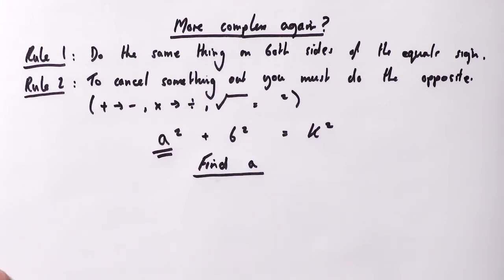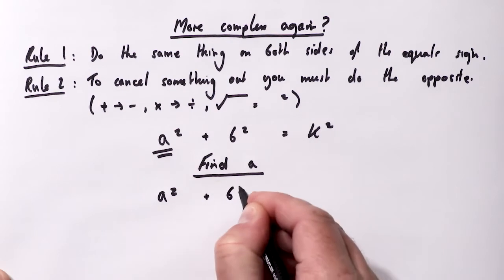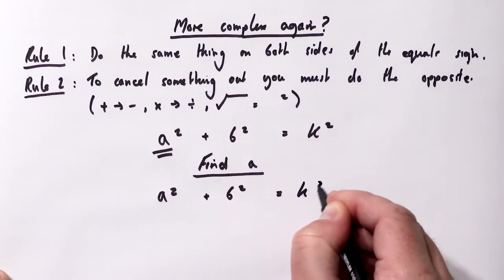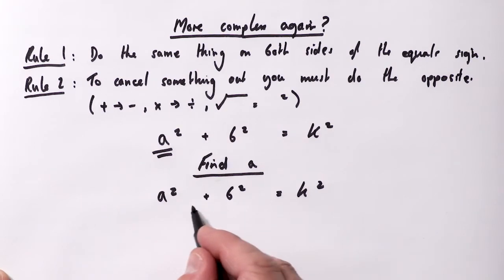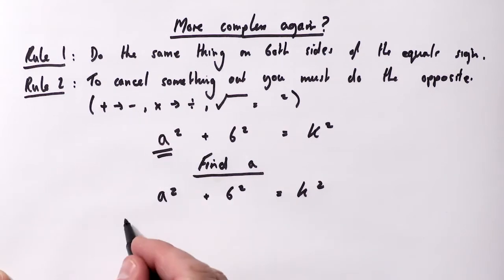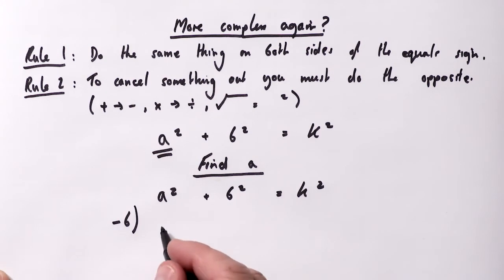So let's draw out our equation once again. It's A squared plus B squared equals K squared, and we need to get A on its own. Well, A at the moment is A plus B, so we need to get rid of that plus B. So how do we do it? Well, we do the opposite. So I'm going to say minus B, and I'm going to minus B on both sides of that equal sign, just following those two rules.